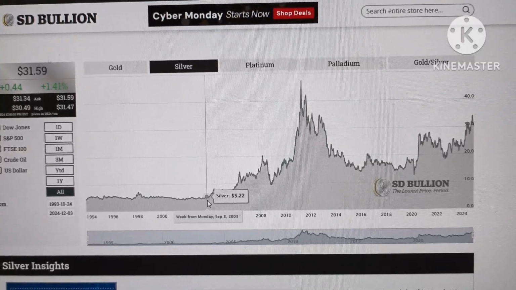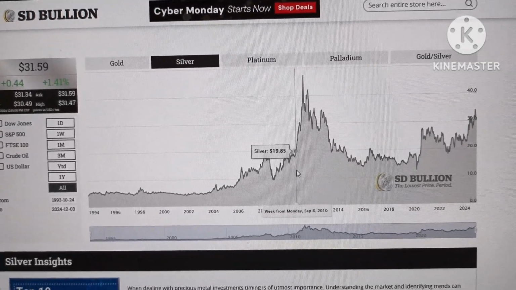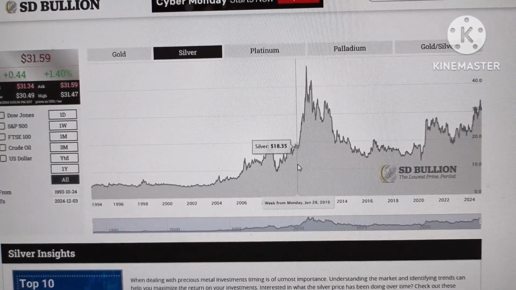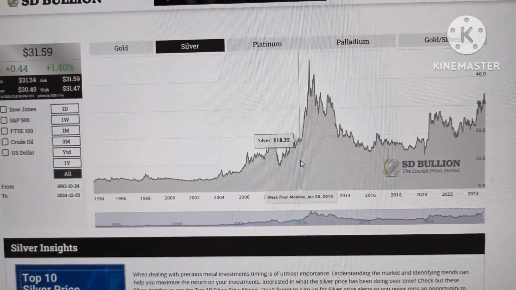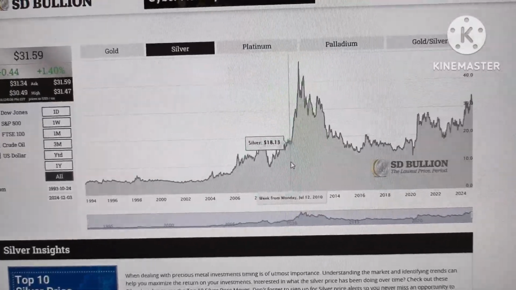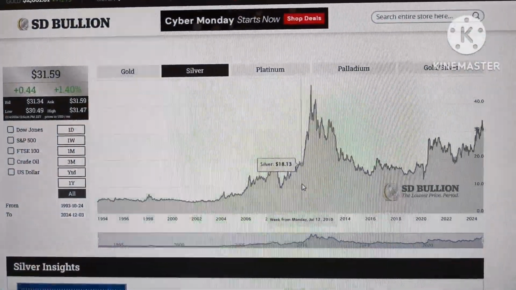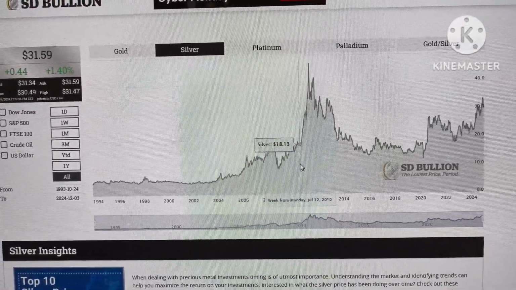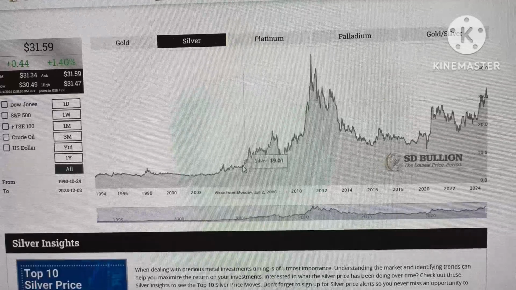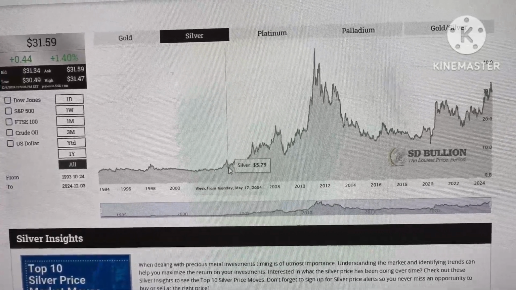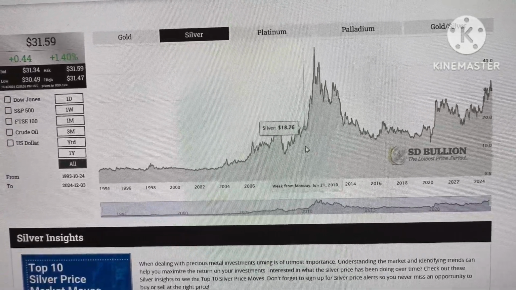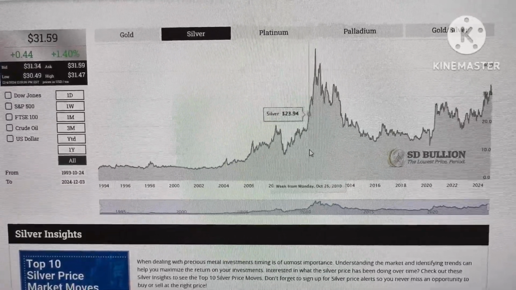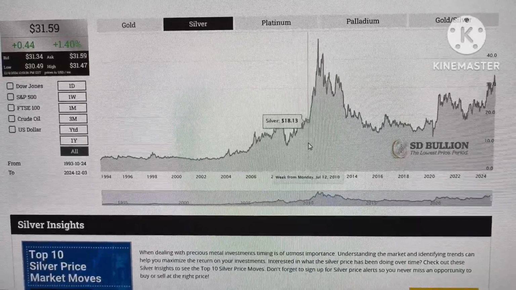So if we go with 5 to 18, that is a $13 move, right? So we got a $13 move in a period of 6 years, 6 and change. And then we got a $30 move in just those 8 months that we were looking at earlier.